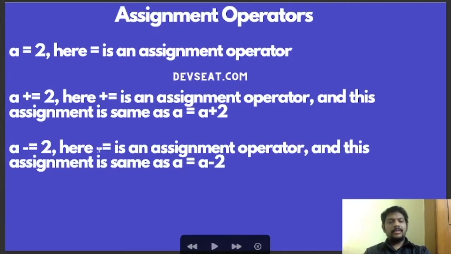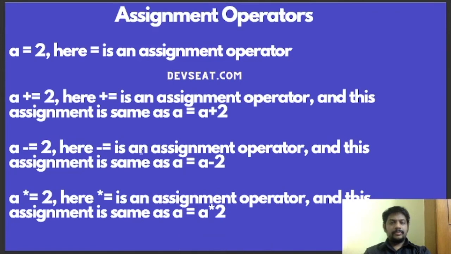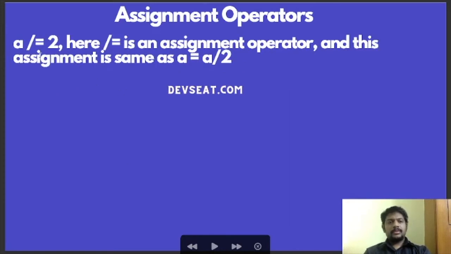Same is the case with a minus equal to 2. Here minus equal to is an assignment operator. Similarly for product, a star equal to 2 is nothing but a equal to a star 2. Same for division, a slash equal to 2 is nothing but a equal to a by 2.